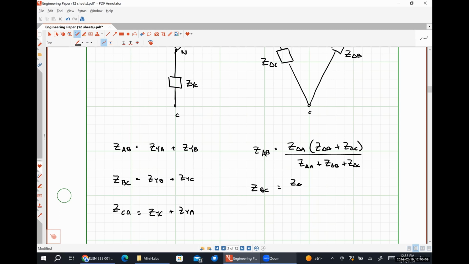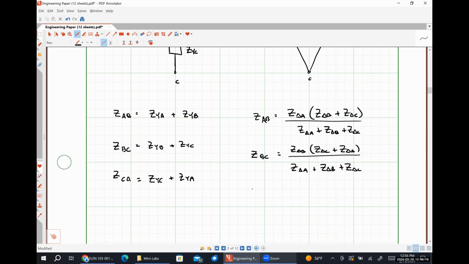So that would be Z delta B, sorry, that should be A and B.